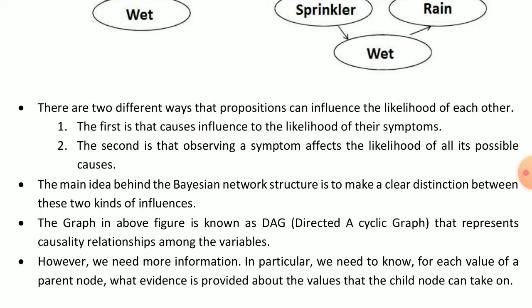Now for the first, causes influence the likelihood of their symptoms. Meaning if we find some symptoms of fever, then we go to the hospital, meet the doctor and take some medicines. So here this concept is considered.